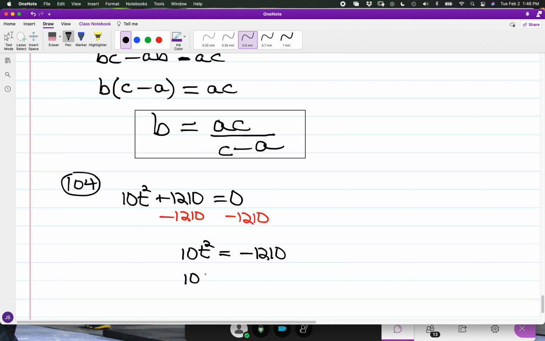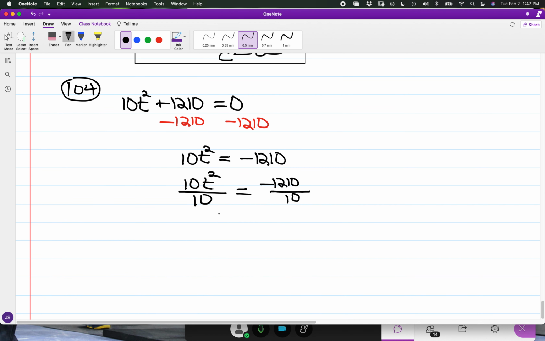If I write this in terms of t squared, I can just divide by 10 at this stage. So 10t squared over 10 becomes t squared, and negative 1210 divided by 10 is negative 121. Going back to the square root property of equality, t is going to be plus or minus the square root of negative 121.